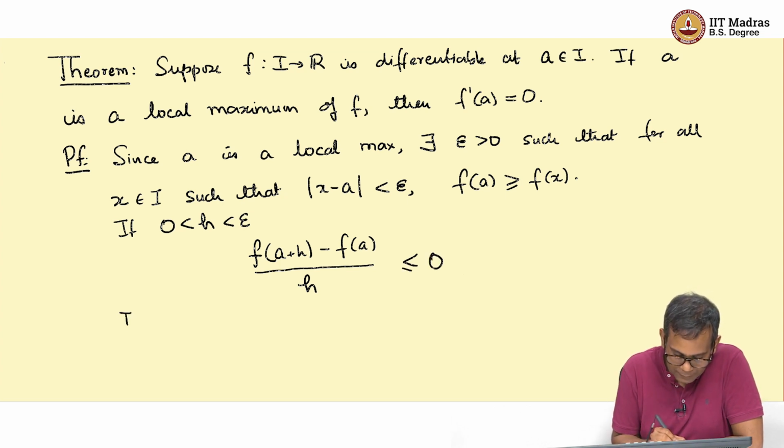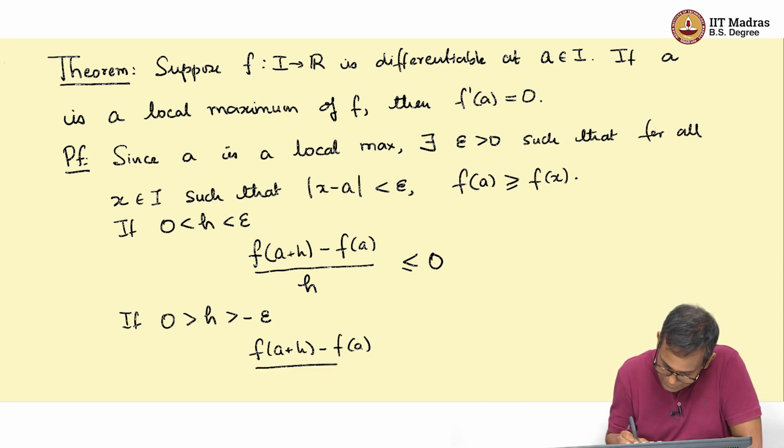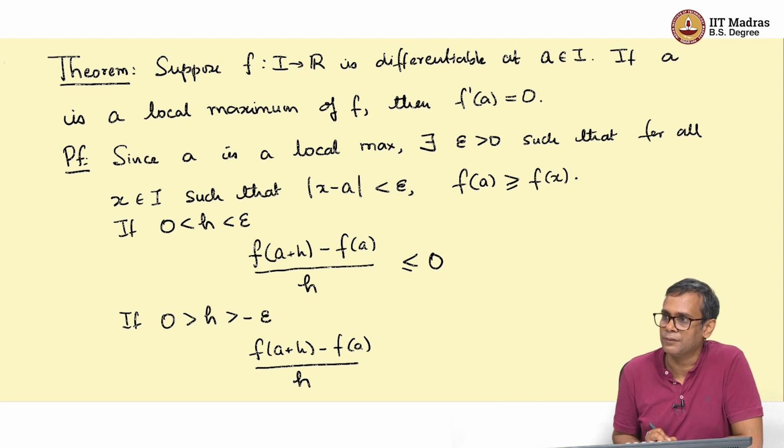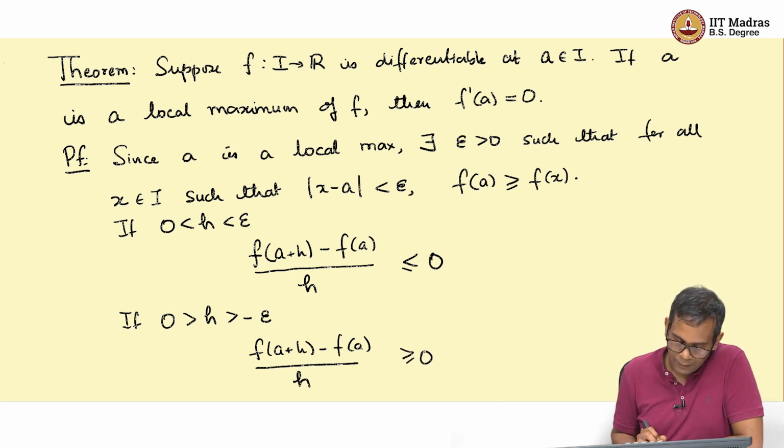On the other hand, if h is in fact negative and say greater than minus epsilon, then what we have is f of a plus h. Again, the numerator is negative, but in this case the denominator is also negative. So, this has to be greater than or equal to 0, and this is true for every h in this region.